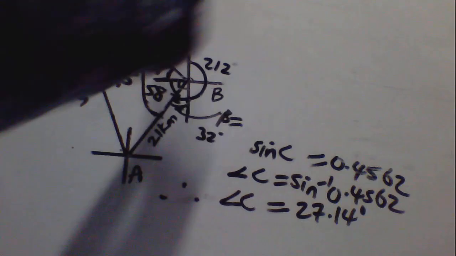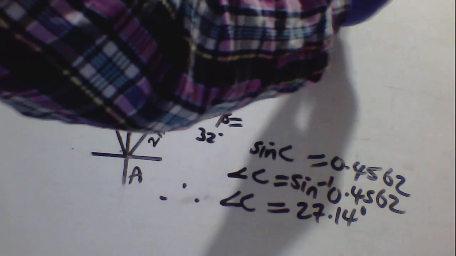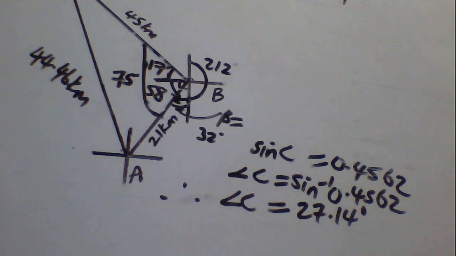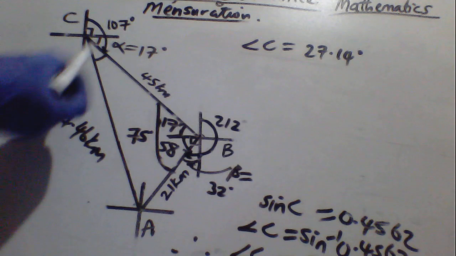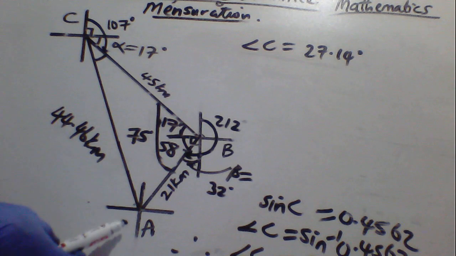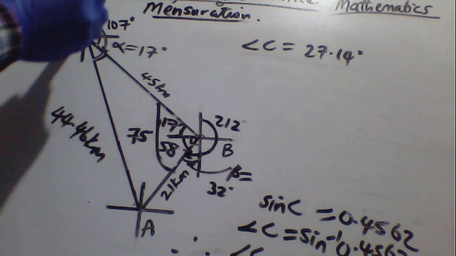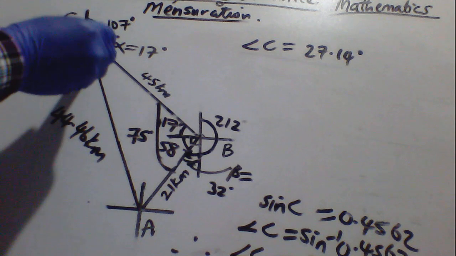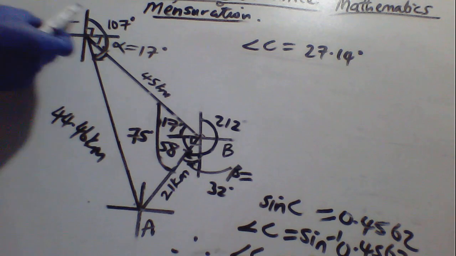We have gotten that angle C is equals to 27.14 degree. So from here, the bearing of the boy A from his house is all these angles here, this measurement of angle, until you get to the line joining the distance.